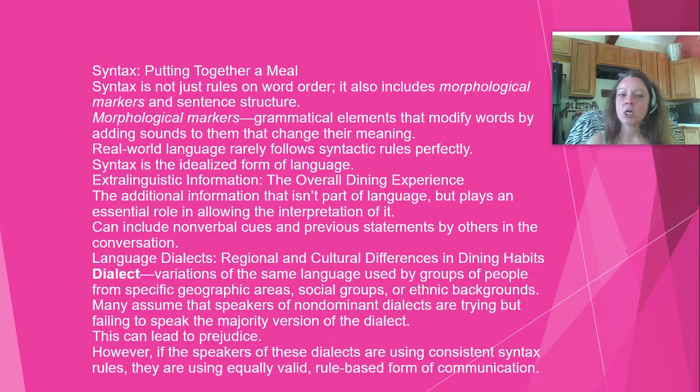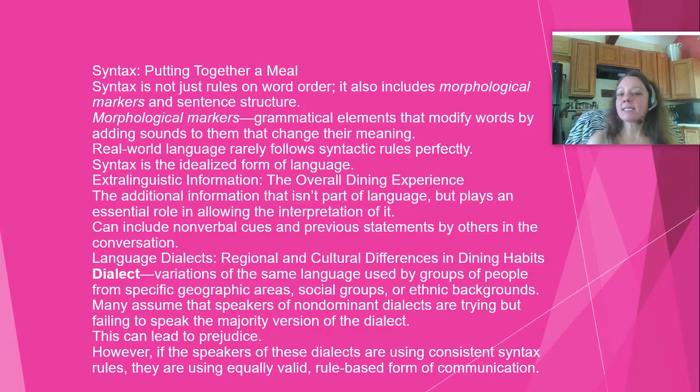We have to write and say words in an order that makes sense, right? You can't say dog ran the or ran dog the, right? I mean, we can infer what they're saying, but that's not a syntactically correct way to say that sentence. The correct way to say it is the dog ran. So that's what we're talking about with syntax.